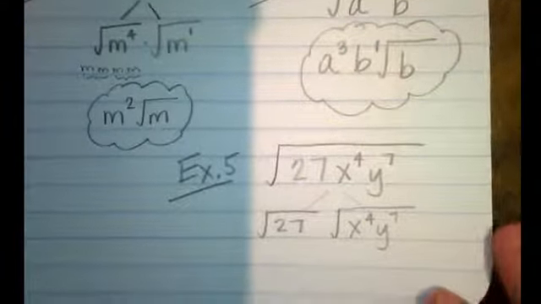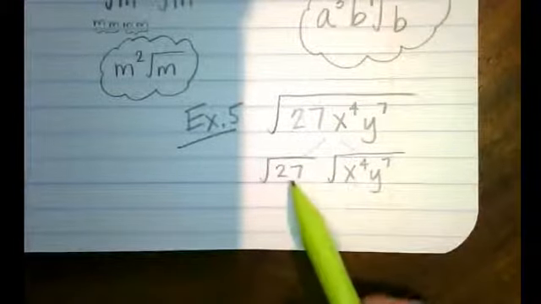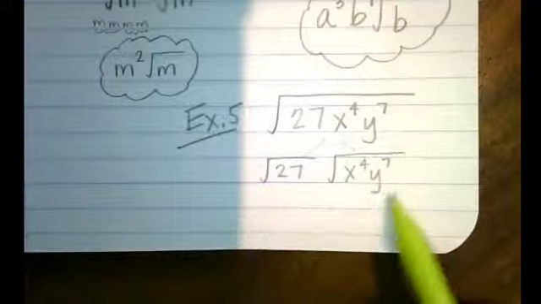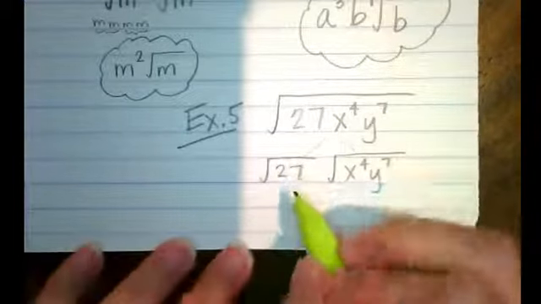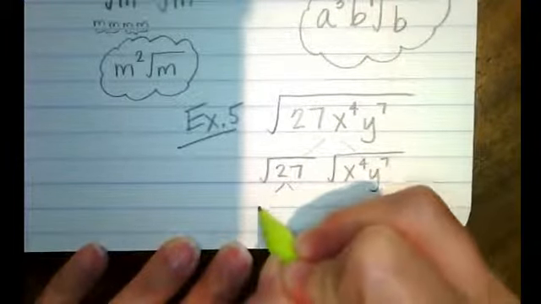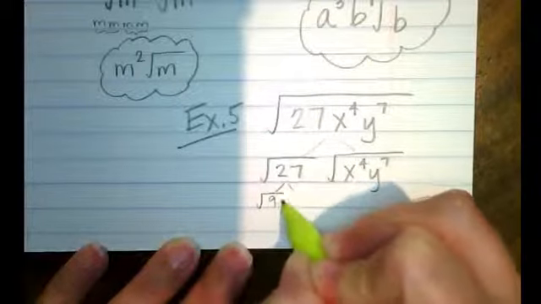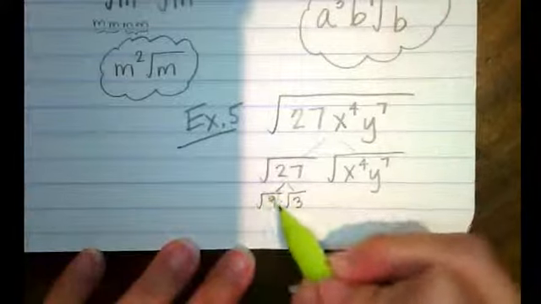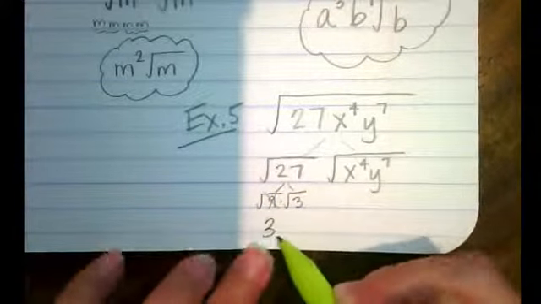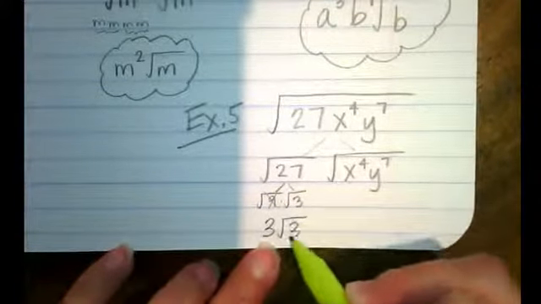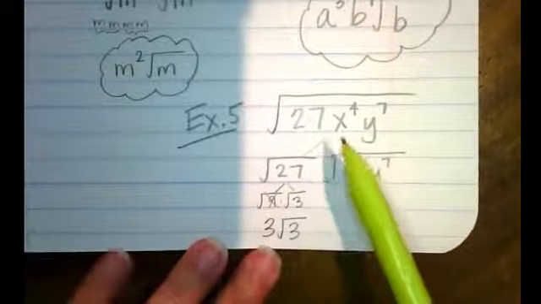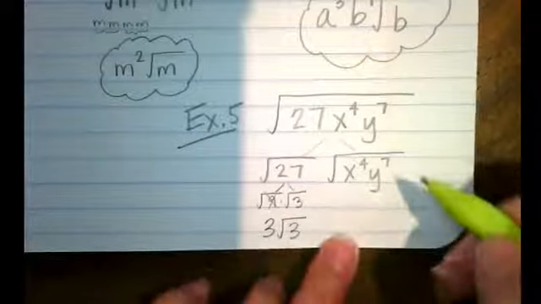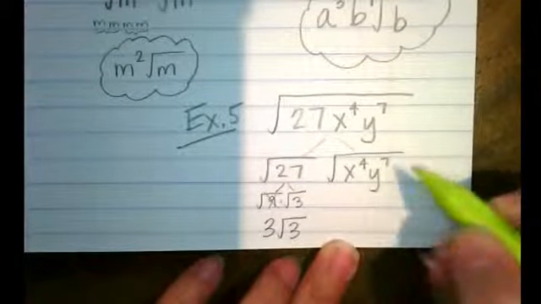Now, the reason why I did that is because I have to simplify the square root of 27, how we learned yesterday, and then I'm going to do the variables separately. So I can break this into the square root of 9 times the square root of 3. I know the square root of 9 is 3, so I have 3 square root of 3 for the simplified version of 27.